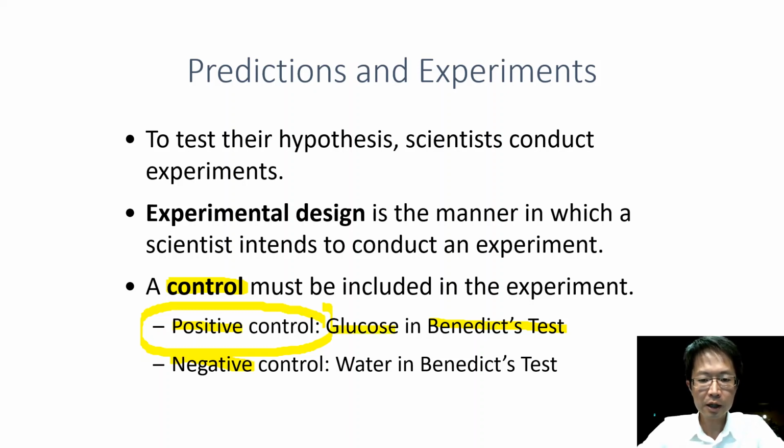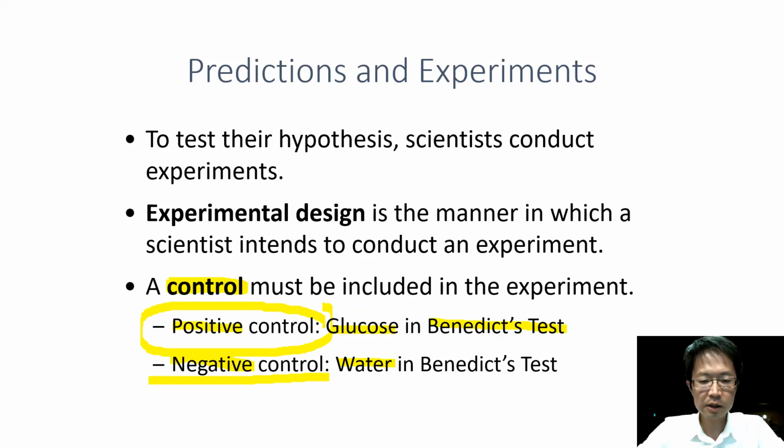On the other hand, if you put water into the Benedict solution, because water has no glucose in it, we know for sure that the solution will not change color. It will remain blue. So we call this a negative result, and that's why we call this a negative control. So water is a negative control, and glucose is a positive control in the Benedict test.